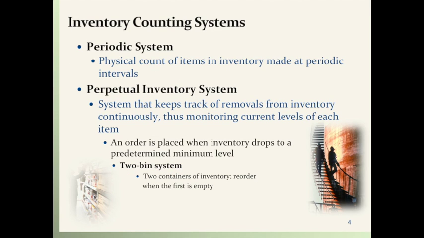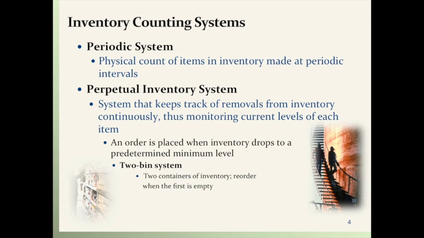So there's a couple of ways of counting your inventory. The first is a periodic system. This is where you go through and physically count the items in inventory at periodic intervals. So let's say every month you count what you have and you order enough to replace it.